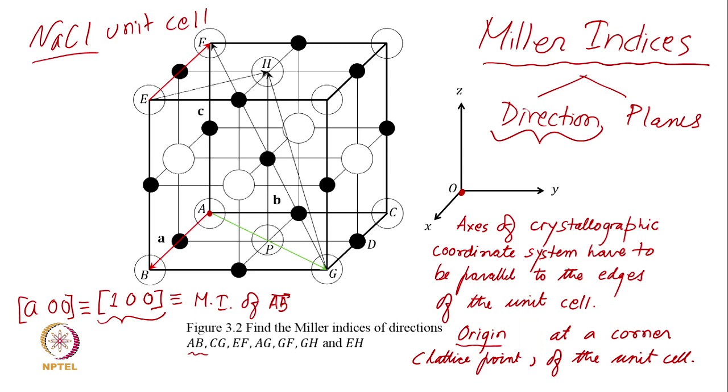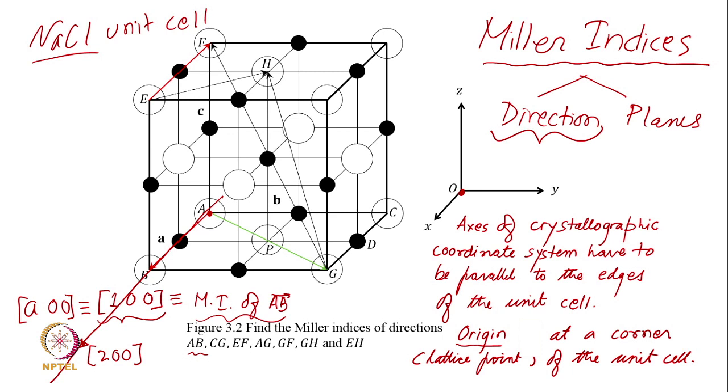So, it is just a vector. Although it is a vector, when we say it is the Miller indices of direction, we imagine that we are talking of this entire direction. Vector has a fixed length. So, I could have chosen any vector along this length, but I will get the same Miller indices. How? If I choose twice the vector, then that will become 2 0 0. So, I introduce one more step in deciding the Miller indices: if you can divide by a common number, you are allowed to do.